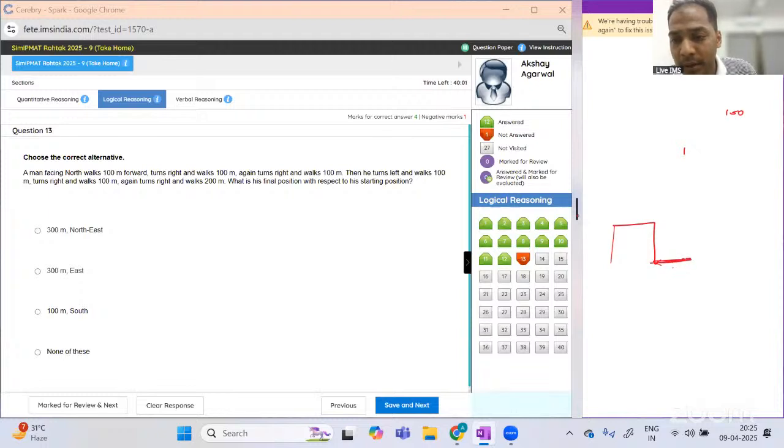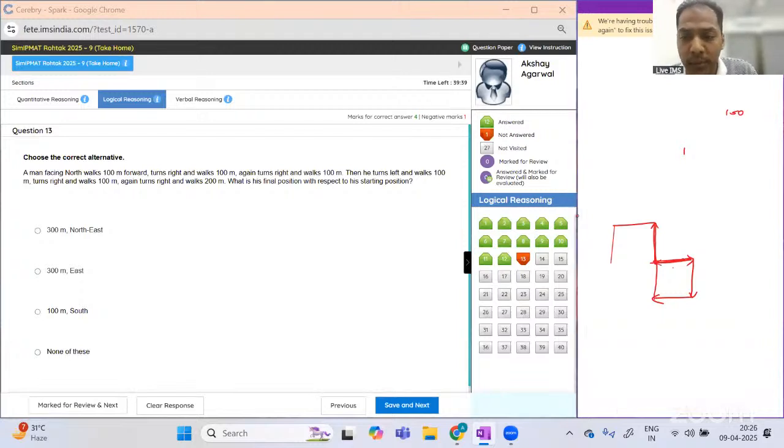This direction 100. Then turns right. So again downward 100. Then again turns right. Then again turns right and walks. I'm still not able to draw this diagram clearly. I think I'm not in the right frame.